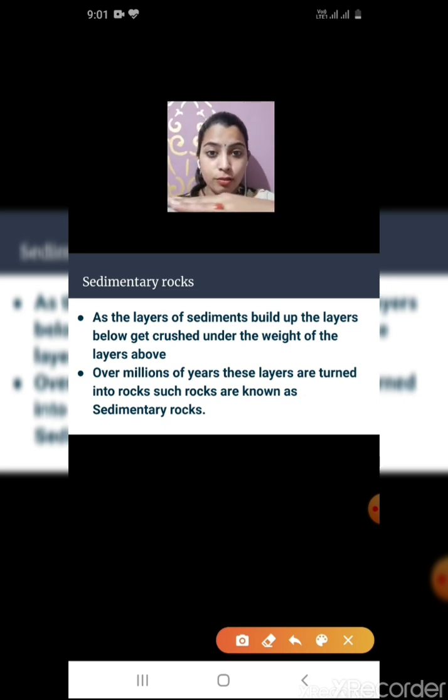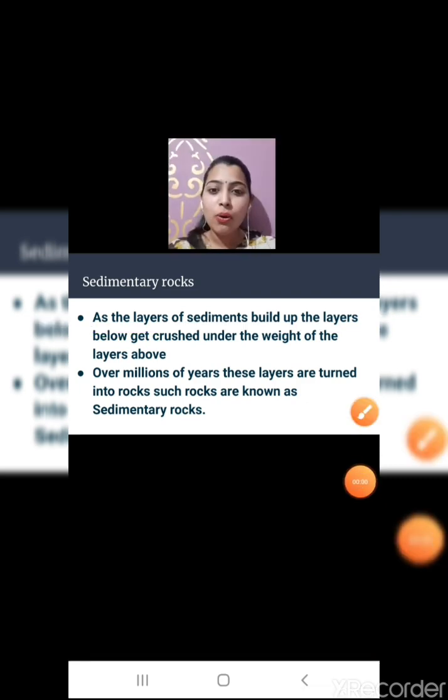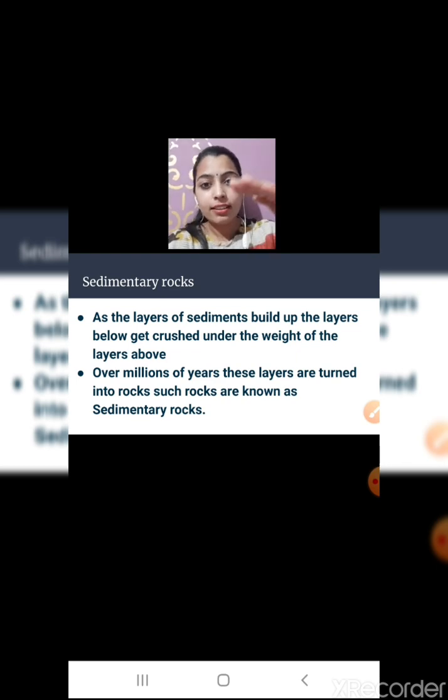Whenever one layer is formed, then again one more layer of sediment builds up. So the first layer of sediments, then above that one more layer, it is pressed, crushed by the weight of the above layer.